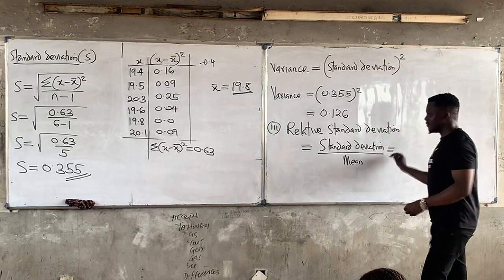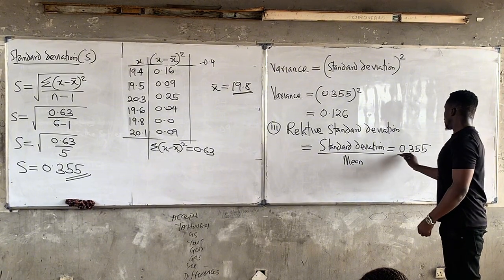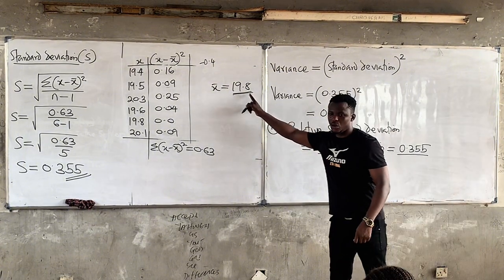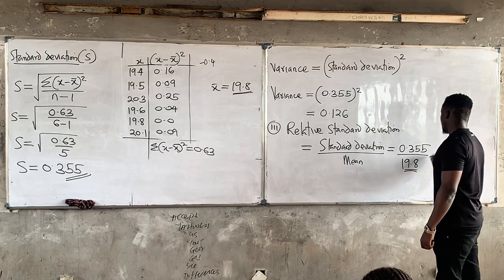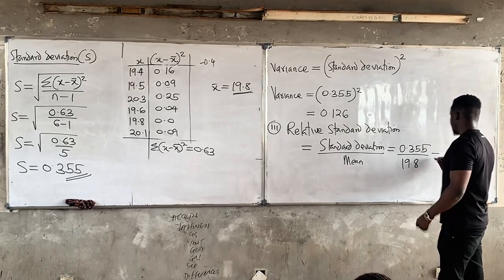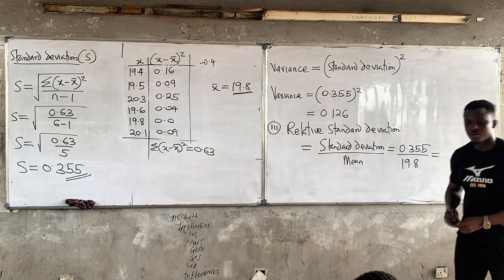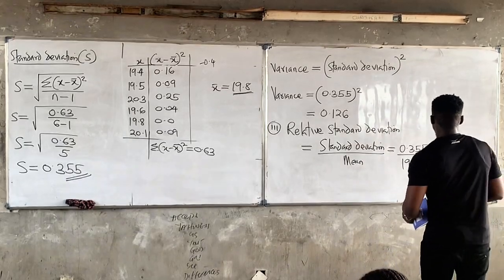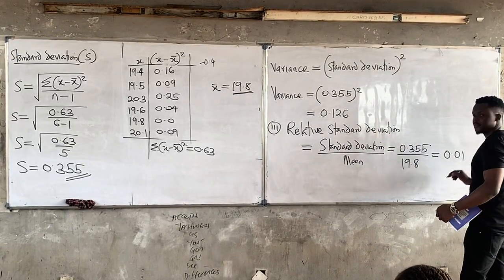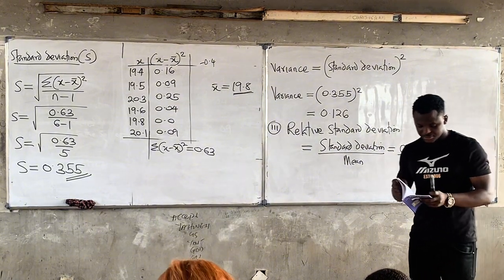Now, what is our standard deviation? 0.355. The value for the mean was 19.8. So this is 19.8. What's the answer to that? 0.0179. All right.